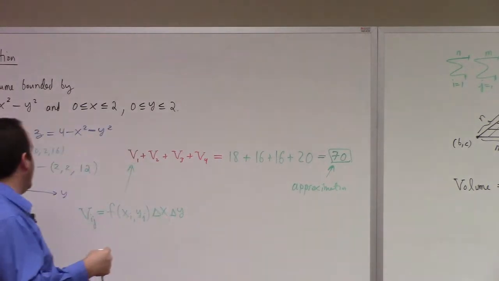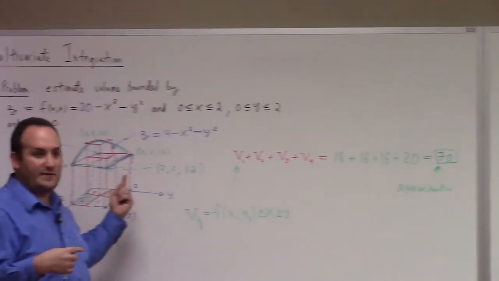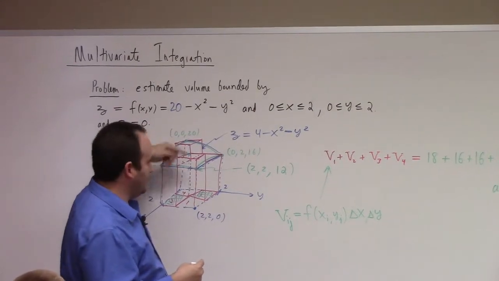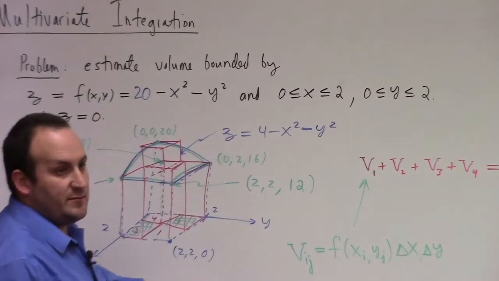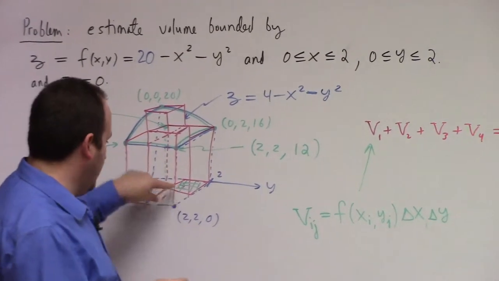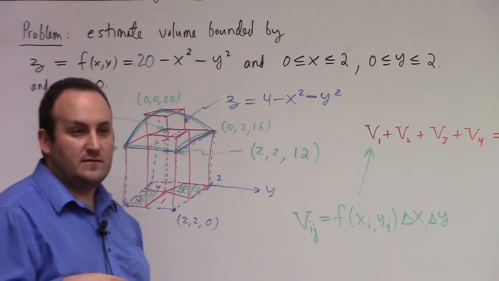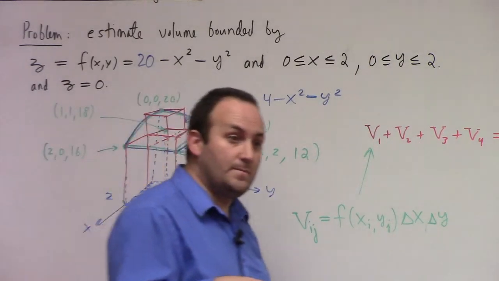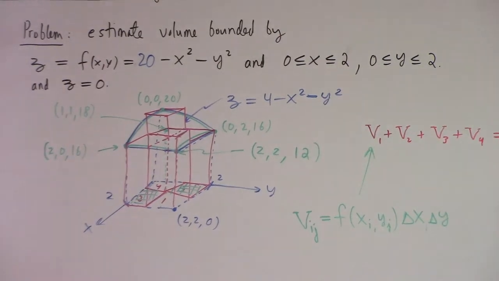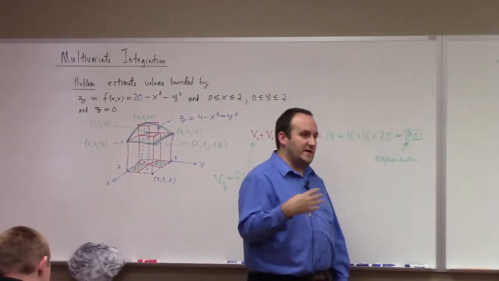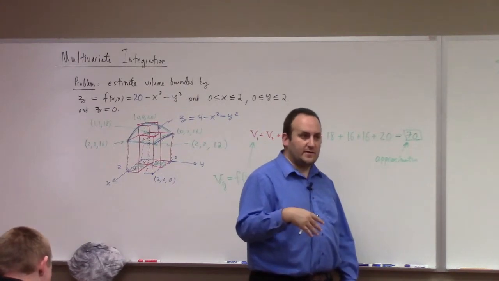We already encountered that by accident in my first example with my first choice of 4 here. We had a negative value. This graph actually crossed the xy plane. We would have gotten a negative value for the first approximating box if I had not changed that to 20 to make it more natural. So generally speaking, the double integral can be negative. It could be 0, because it's not just a volume, it's actually calculating signed volume.